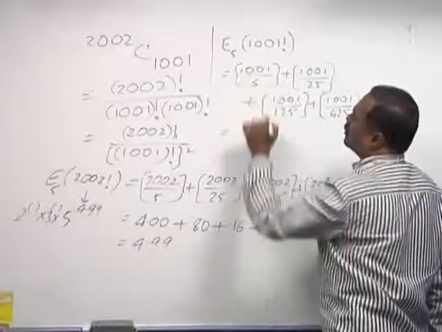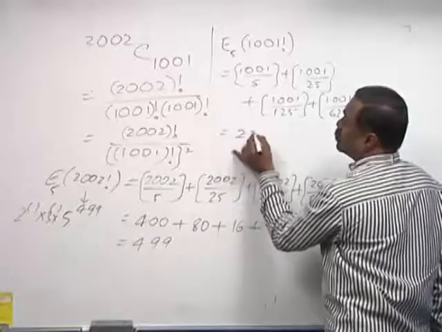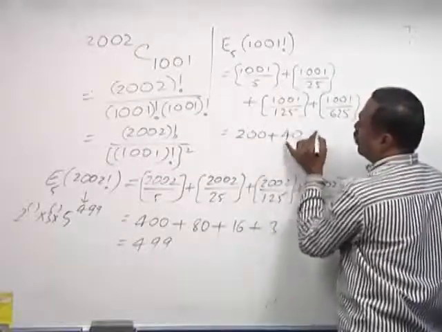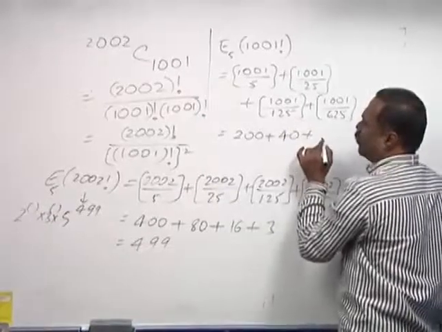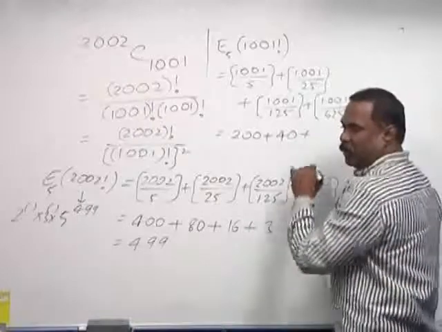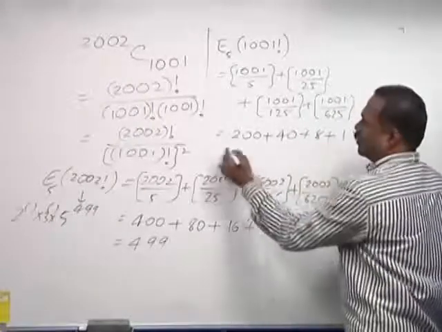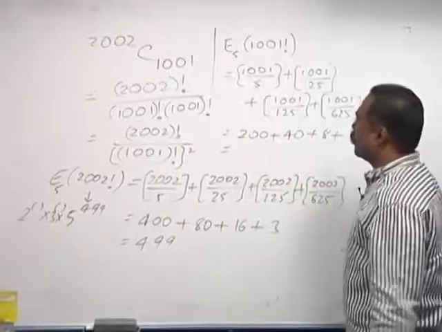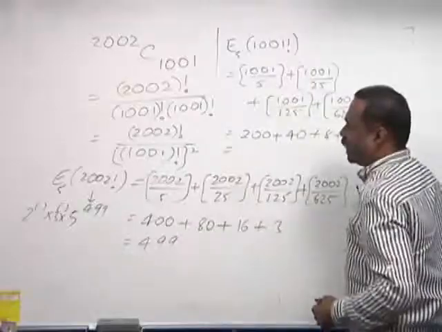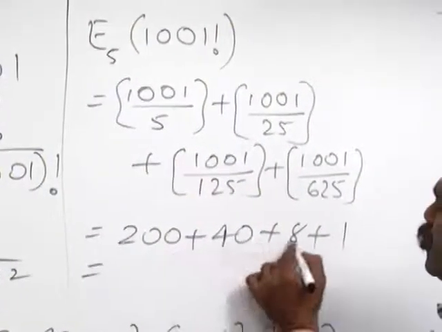How much is it? 1001 upon 5 is 200, 1001 upon 25 is 40, 1001 upon 125 is 8, and 1001 upon 625 is 1. You count it: this is 249.